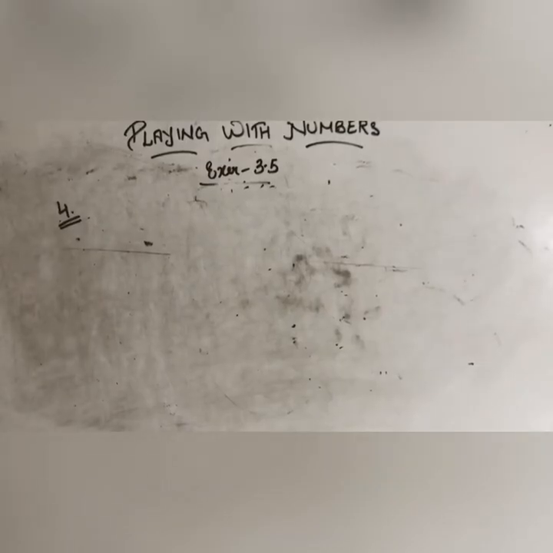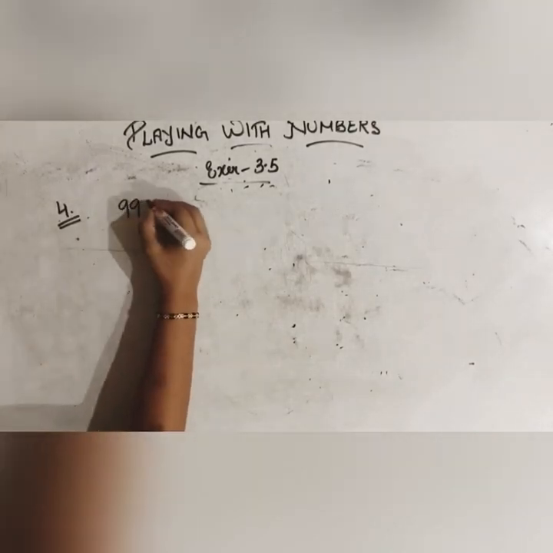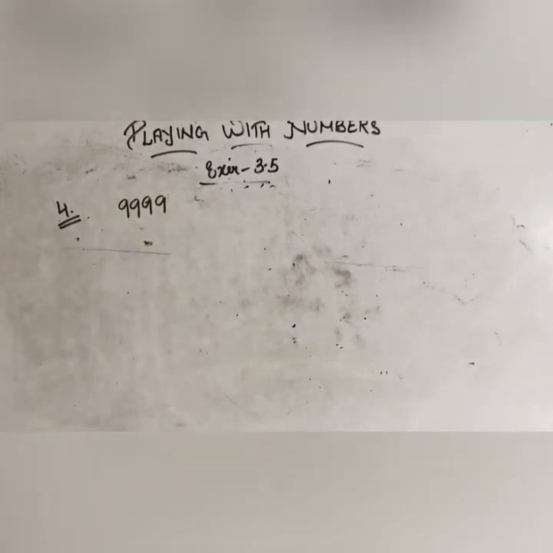Next is fourth question. Write the greatest 4-digit number and express it in terms of its prime factors. Now, which is the greatest 4-digit number? Greatest 4-digit number is 9999.